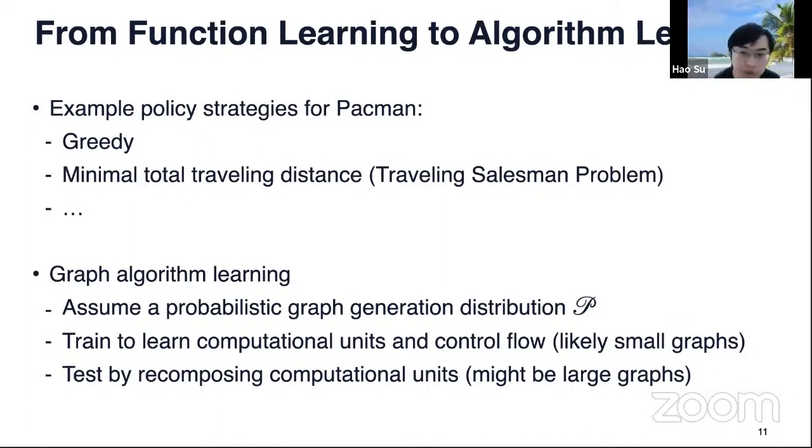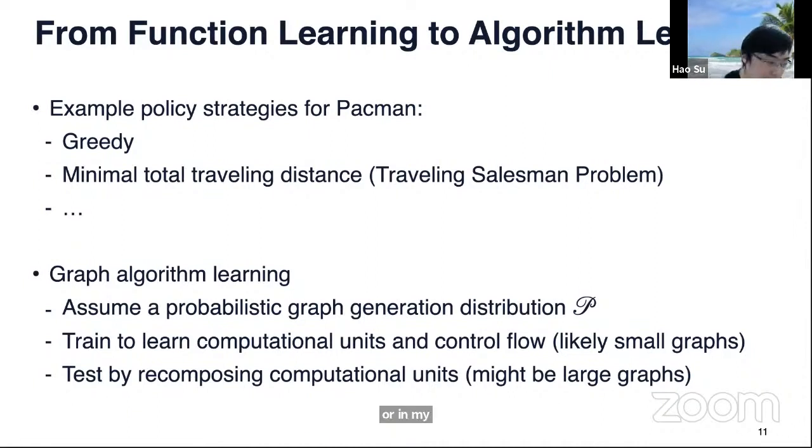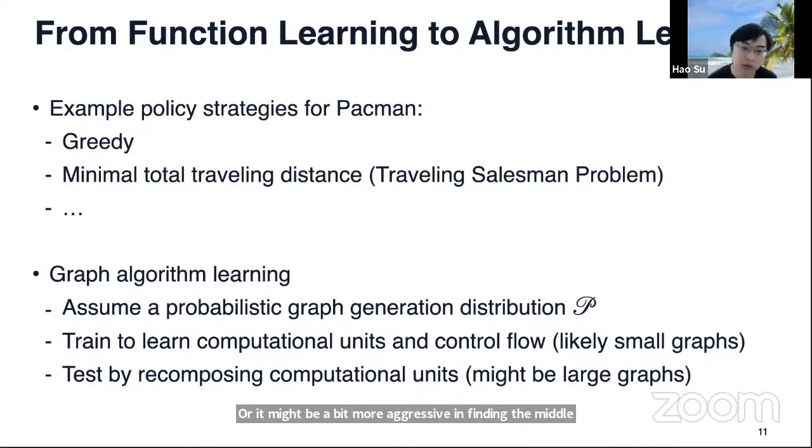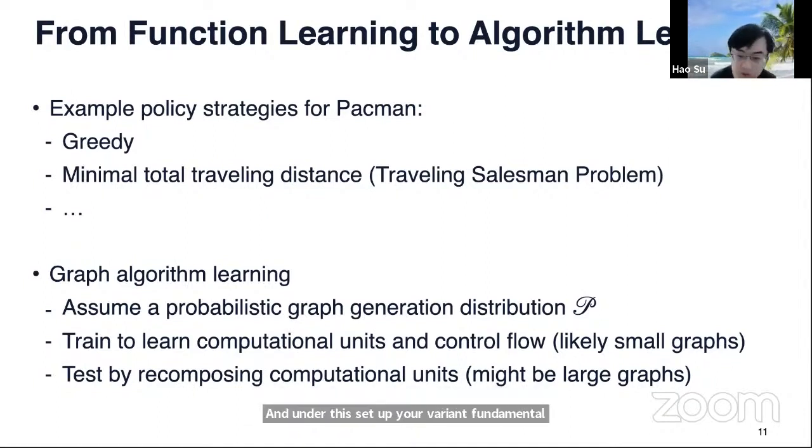If you build a Pac-Man learner, it could solve Pac-Man through a greedy algorithm, or it might be a bit more aggressive in finding the minimal total travel distance. And this corresponds to solving the traveling salesman problem, right? A harder problem. So you can see that if you represent the environment as a graph, then you're facing a graph algorithm learning challenge. And under this setup, your very fundamental assumption is different.